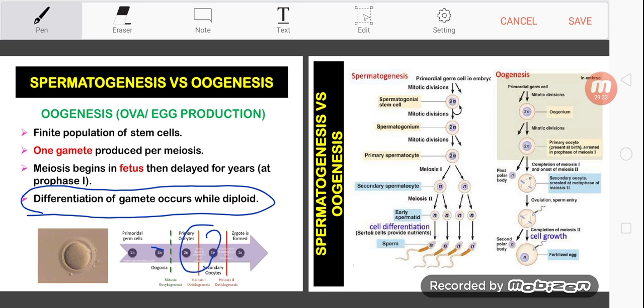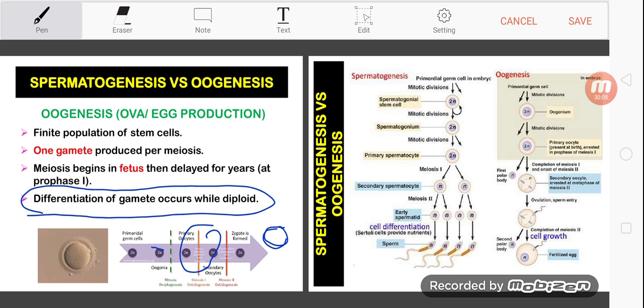It's already starting to produce a lot of mRNA and metabolic molecules to be packed in this process. So that by the end of oogenesis, we get an ovum that has essential compounds that can continue the later process, which is embryo development if fertilization happens.